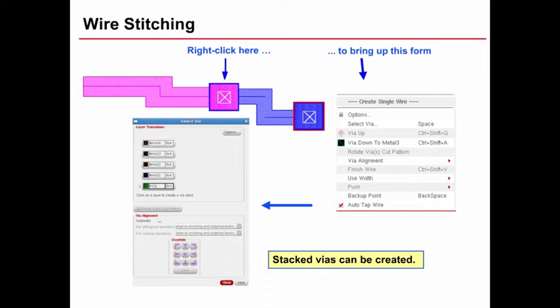Now, wire stitching. What you've got is you're coming along here, and when it comes time to change, at this point or anywhere along here, you can right mouse, and then you get a form that'll pop up, and then you say, well, which via do I want? Where am I going? And you'd select, in this case, you would go down, metal 1, and so you'd get a metal 2, metal 1 via, and it would slide along this line so you could put it anywhere.